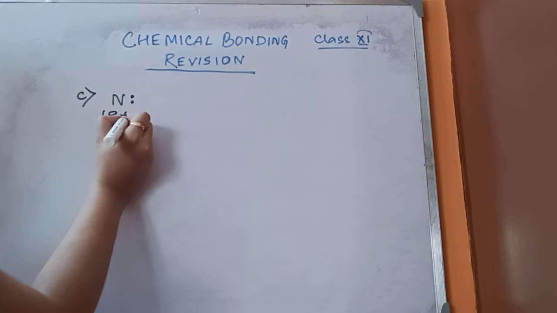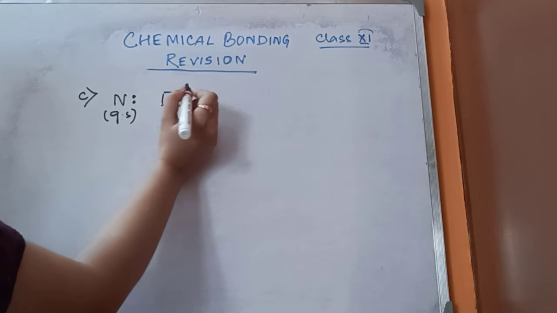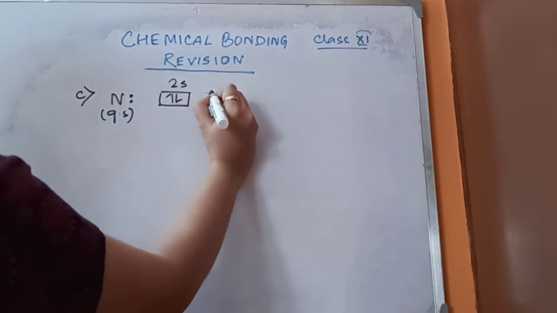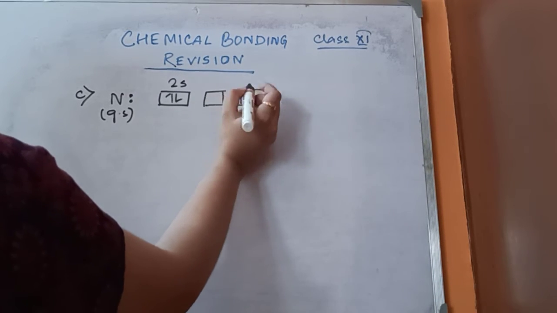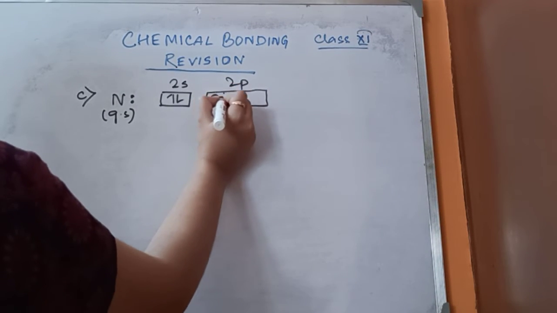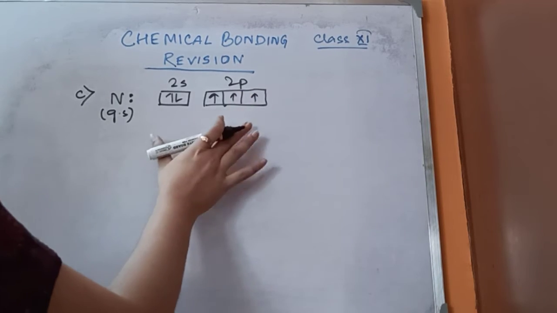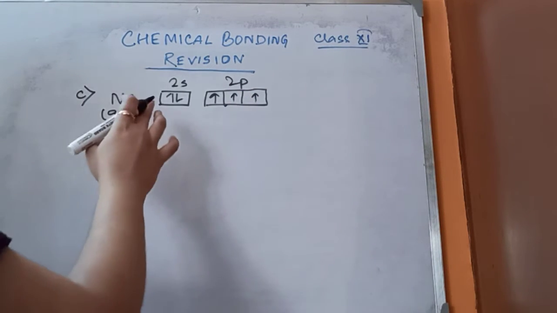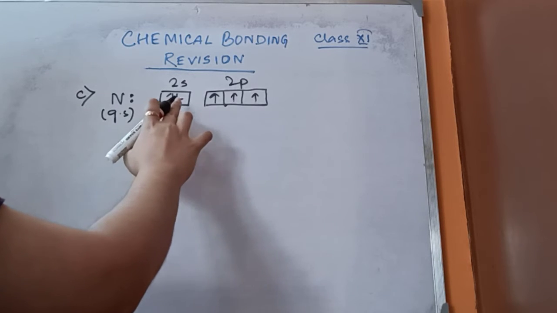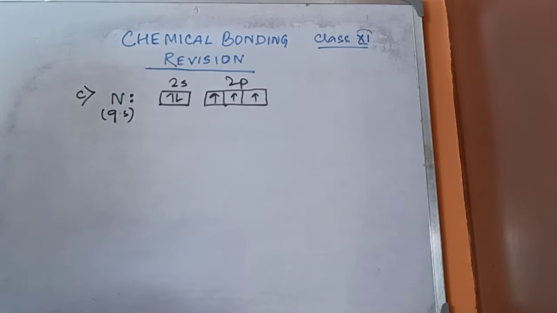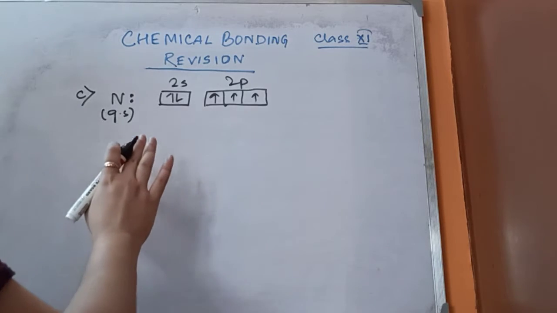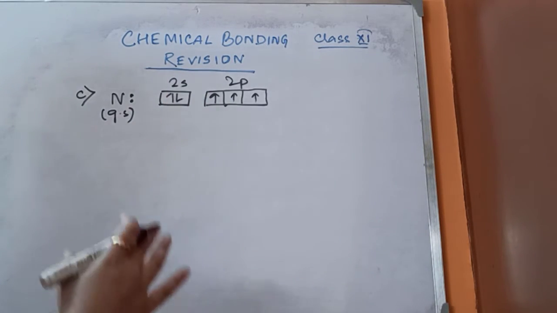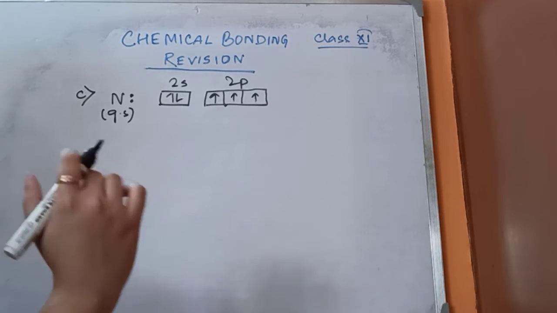Nitrogen in the ground state has outer electronic configuration of 2s2 2p3. Can you see any other vacant orbital present where one electron from 2s can be excited to? No. Nitrogen does not contain vacant energetically accessible d orbitals.